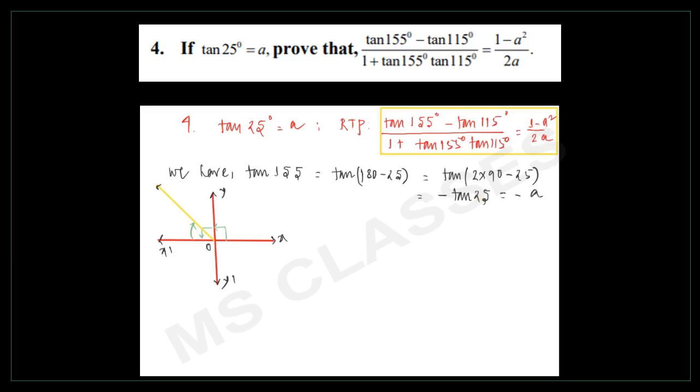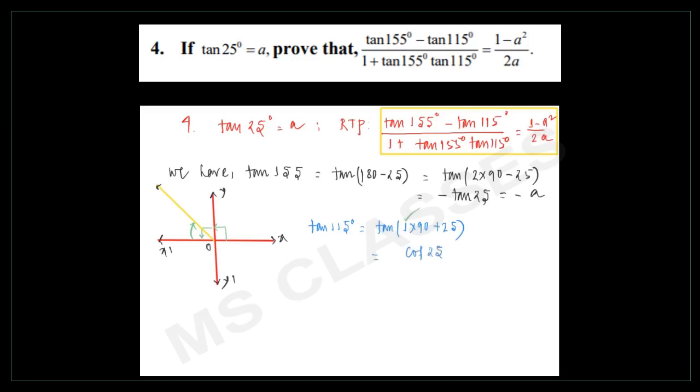This was the first one done. Next we come to tan 115. That is tan of 1 into 90 plus 25. Here 1 is odd, and odd means it becomes cot 25.